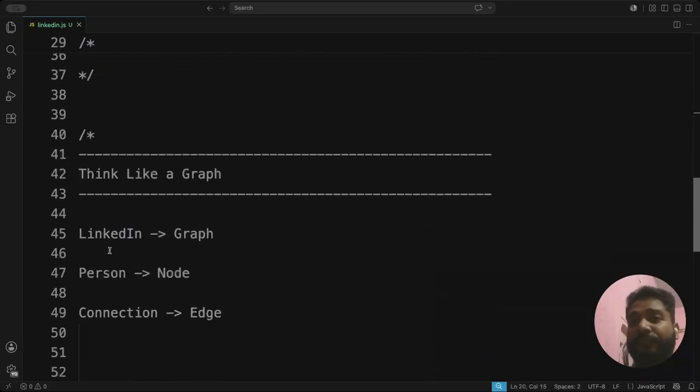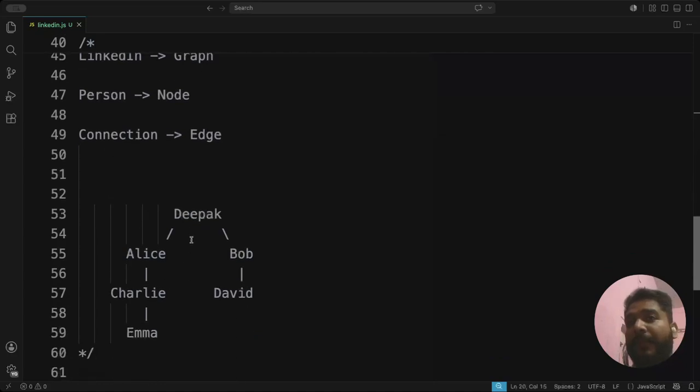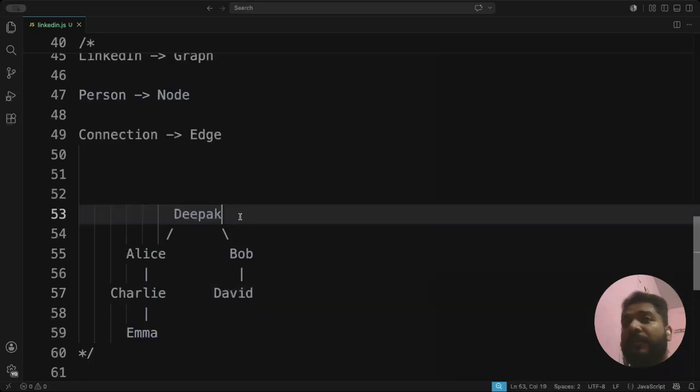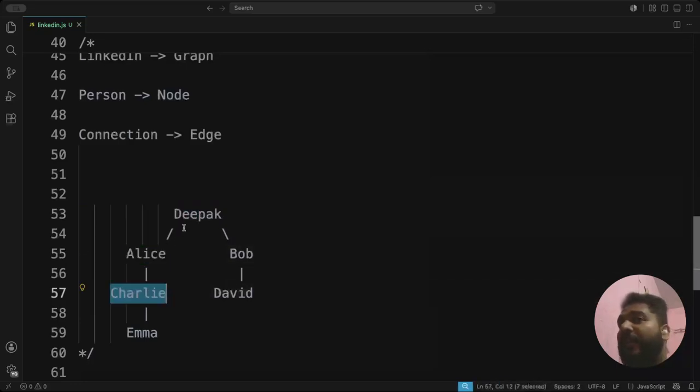See here: Deepak, Alice, Bob, Alice, Charlie, Charlie, Emma, Bob, David. Now try to answer: what is the connection level between Charlie and Deepak? If you check, it is the second connection. This is the first connection, this is the second connection. The connection between Deepak and Emma is the third connection.